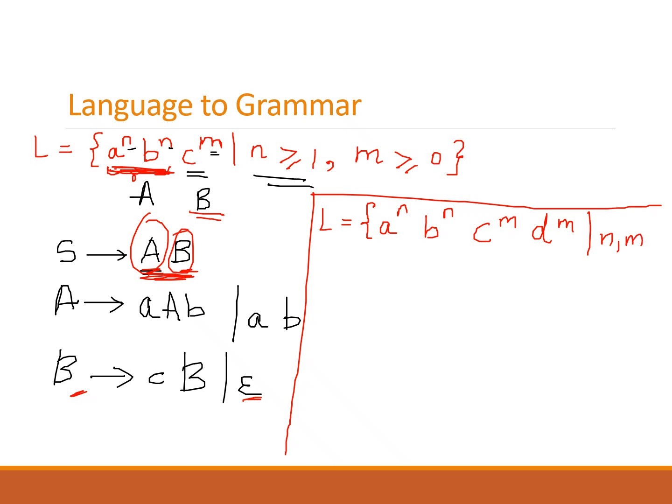And this time let us make the condition as greater than equal to 0 for both the cases. But then however we need to have AB first governed by n, because number of A's should be equal to number of B's. Next we need to have C and D in equal number. So let this be governed by A and this by B.